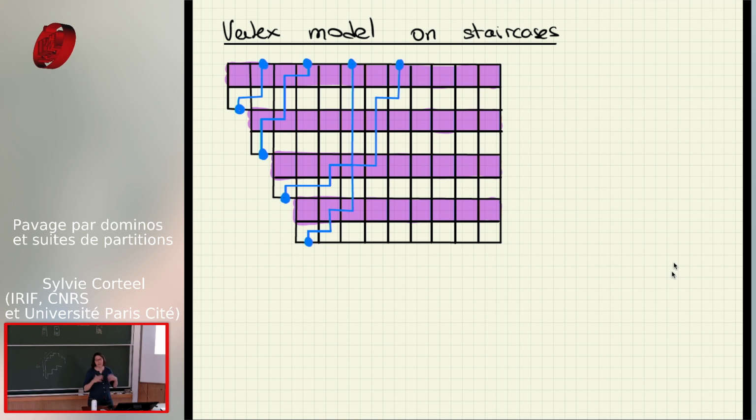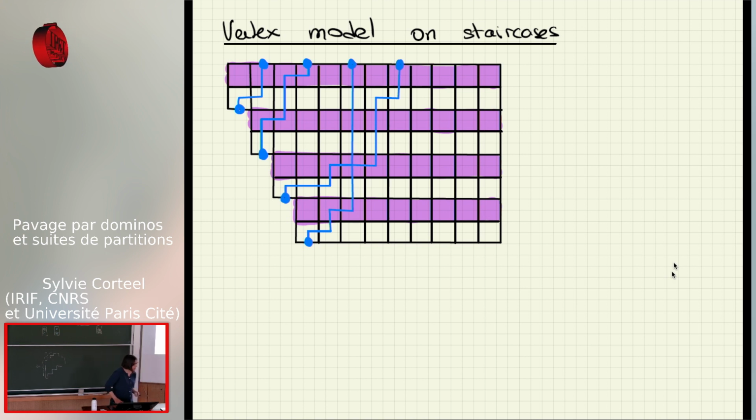Actually you can still translate what I told you as a vertex model, but unfortunately, the shape you get from the vertex model is the staircase shape, and then you don't have the Yang-Baxter equation that you can work behind.